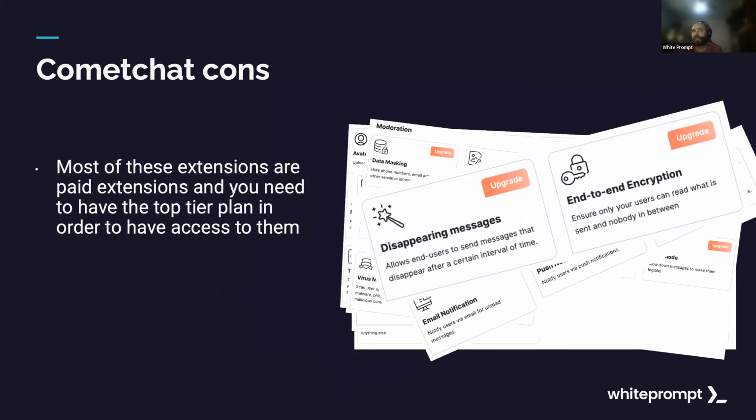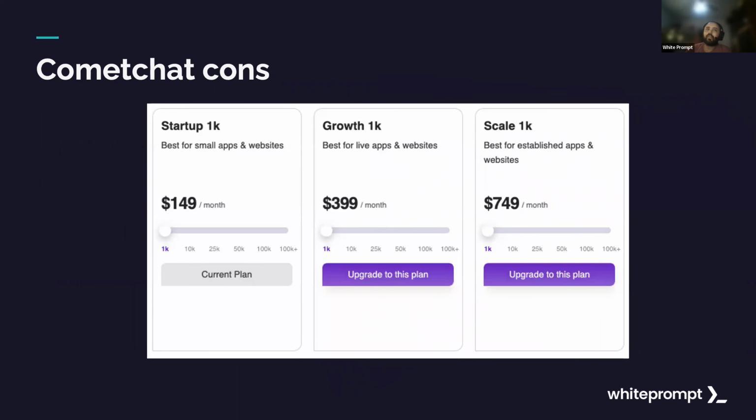The big con is that most of these are paid extensions, so you will need the high tier plan in order to use them. These are the current plans they have. It's basically based on the quantity of active users you have on the platform.